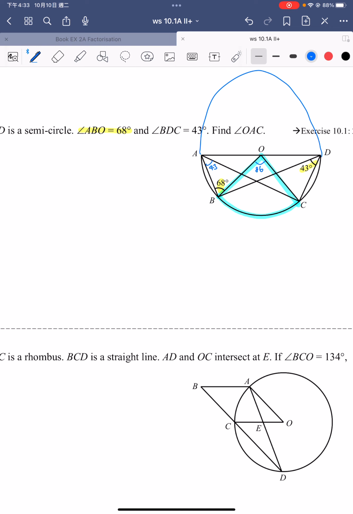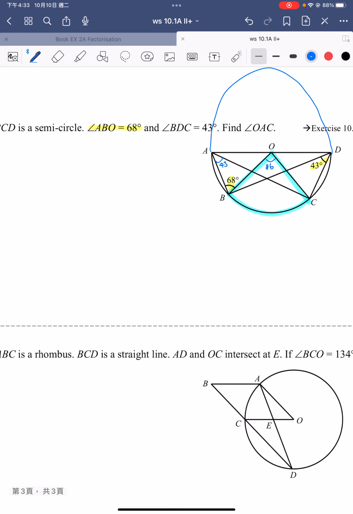But once you find an angle, we need to write it down first. So now we have the angle BOC is equal to 2 times the angle BDC. The reason for that is the angle at the center is twice the angle at the circumference. So now we have the angle BOC is equal to 2 times 43, give you 86 degrees.